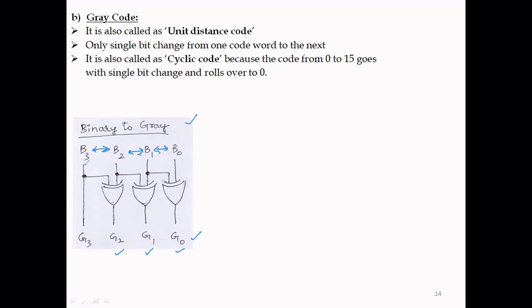Let me repeat: the MSB directly is G3, these two XOR give G2, and these two bits B1, B2 give G1, and B0, B1 give G0. This is the procedure.